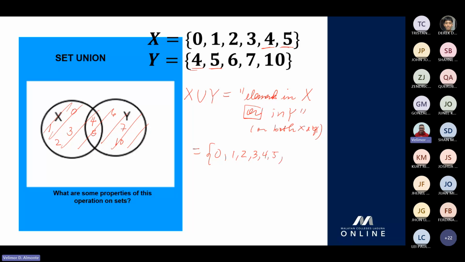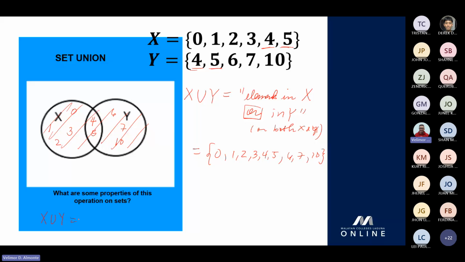But since 4, 5 is an overlap, common to both, I don't need to repeat 4, 5 because it's already represented. So I'll just continue: 6, 7, 10.